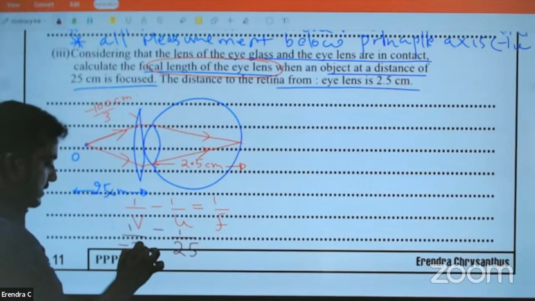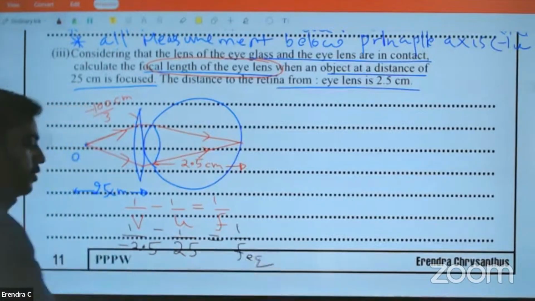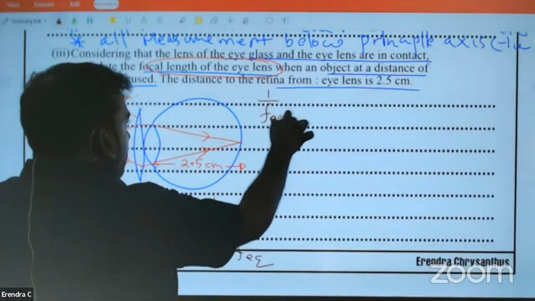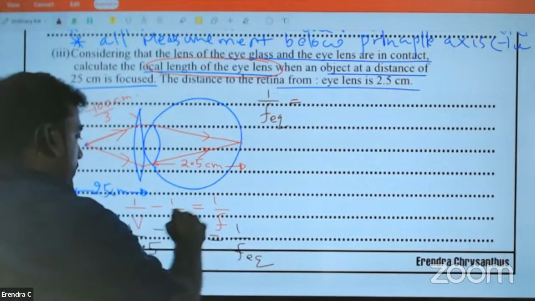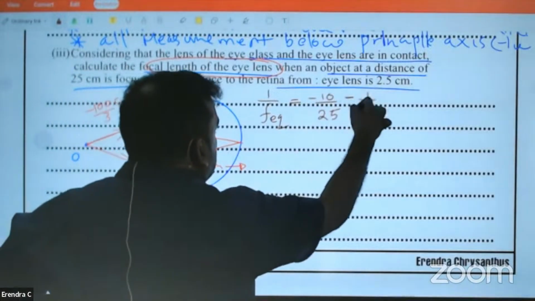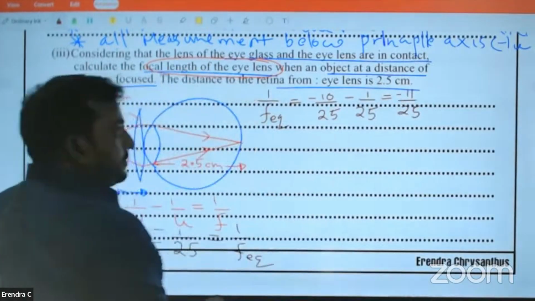V is minus 2.5. Equivalent focal length, I don't know. 1 over equivalent focal length is equal to minus 10 over 25 minus 1 over 25, minus 11 over 25.